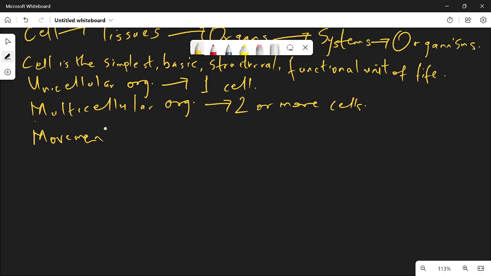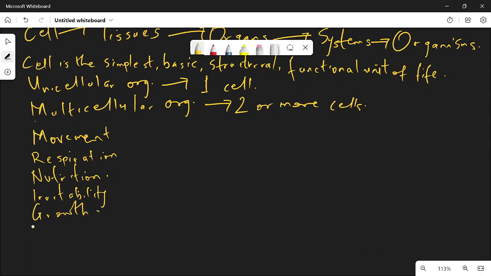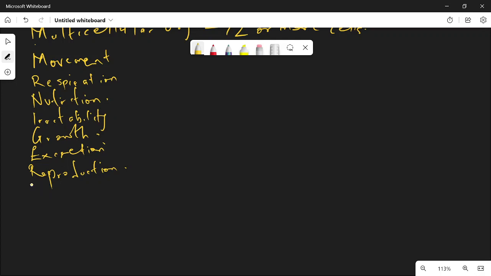We have movements, respiration, nutrition, irritability, growth, excretion, reproduction, and death.